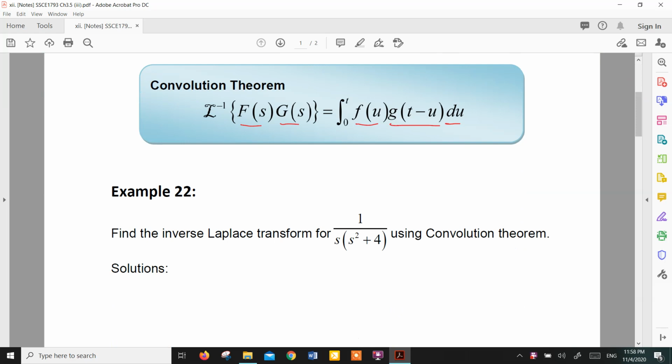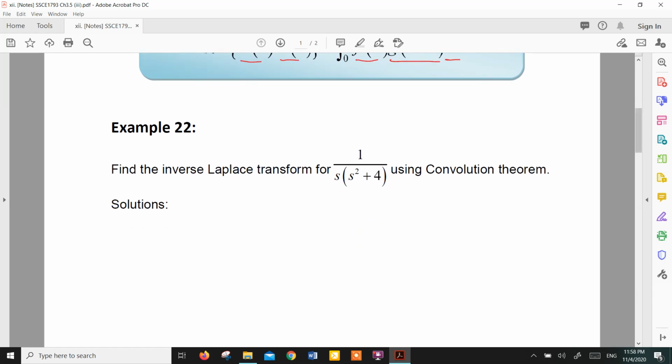So from the question, you need to identify your F(s) and G(s), and then from there you have to find the inverse Laplace of these two functions.